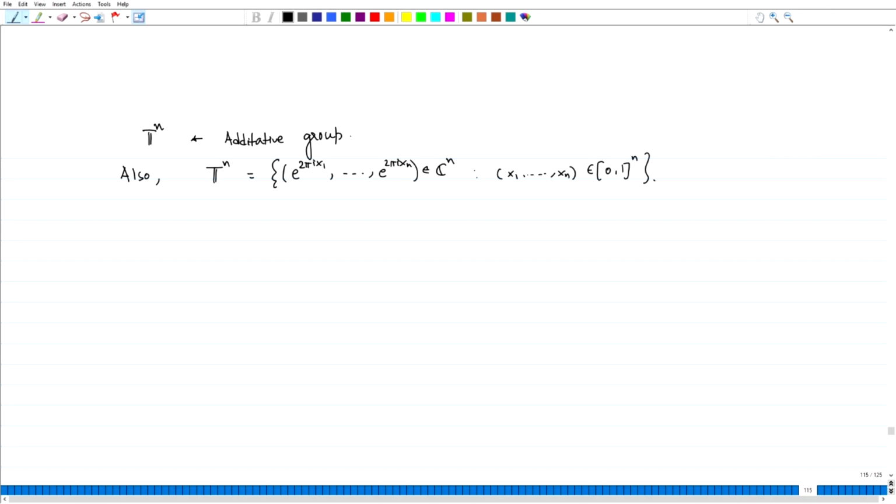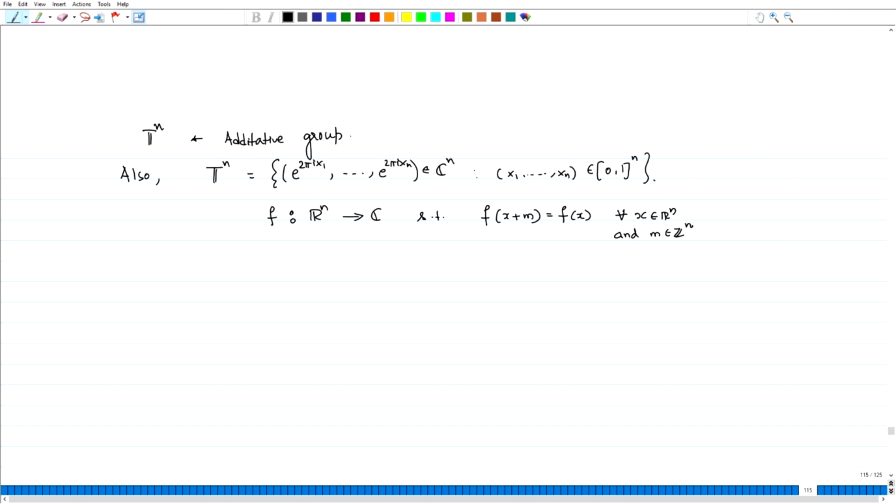With this notation fixed, now we need to define what we mean by a periodic function. So, let f be a function from R n to C such that f of x plus m is equal to f of x for all x in R n and m in Z n.